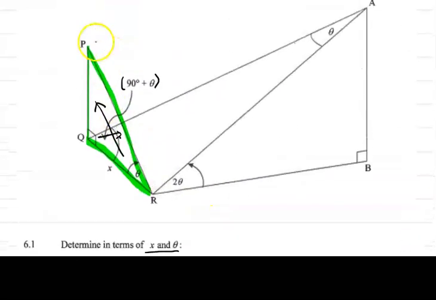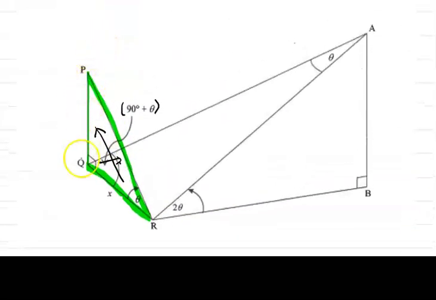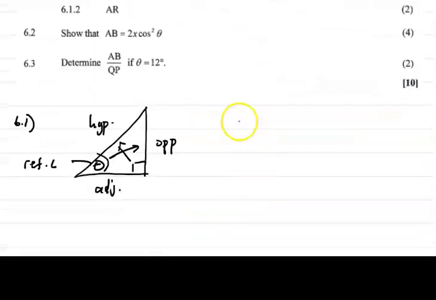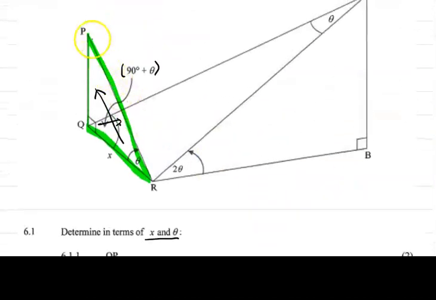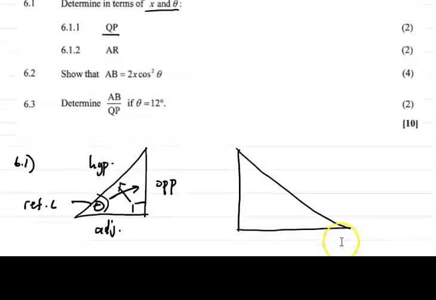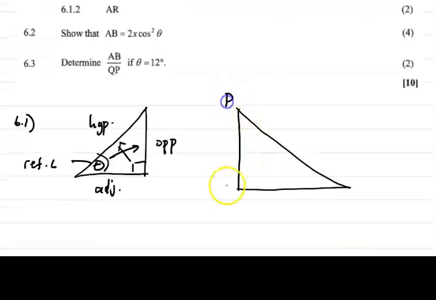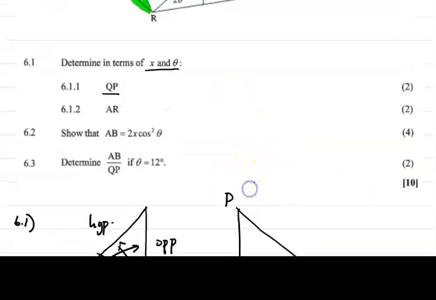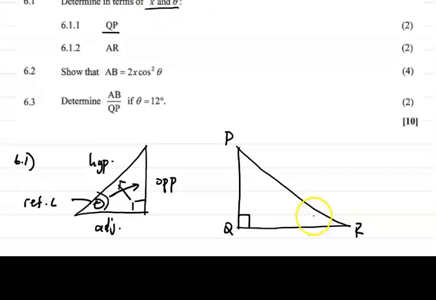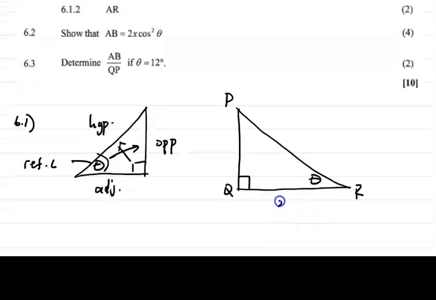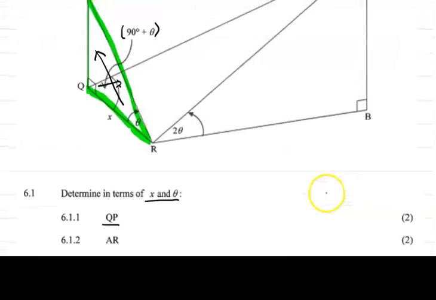What I normally do is isolate this particular triangle and redraw it. So PQR, we've got theta and X, and remember QR is equal to X.